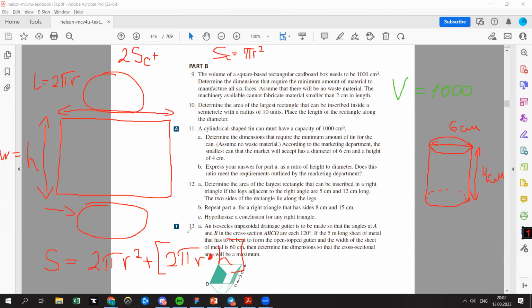You get it? Yeah. This is the length and this is the width. Okay. Now you have a formula for surface that depends on the radius and height of a cylinder.